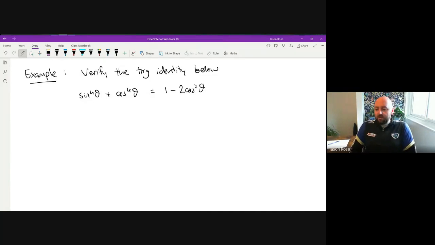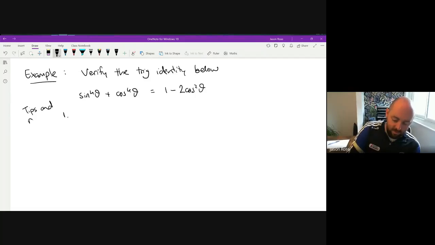Okay, so the two tips I have for you, one of them is more of a tip and the other one's more of a rule. Before I get into the problem, first of all, start with the more complicated looking side.